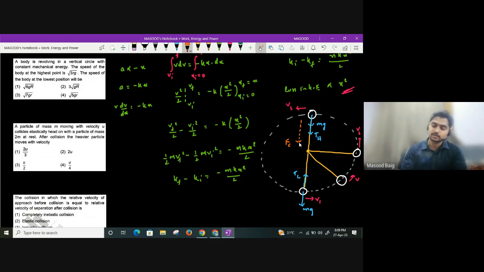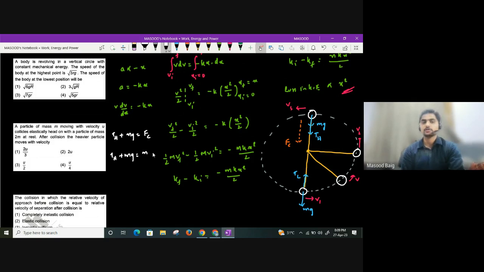So what can we write in this situation? Tension at the highest point plus mg will give the necessary centripetal force. So tension at the highest point plus mg equals mv square by r.